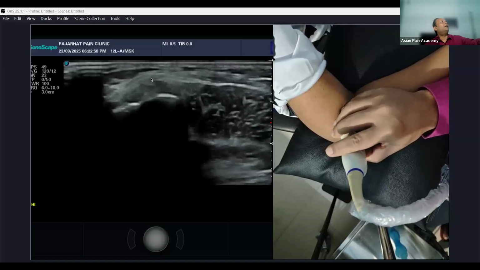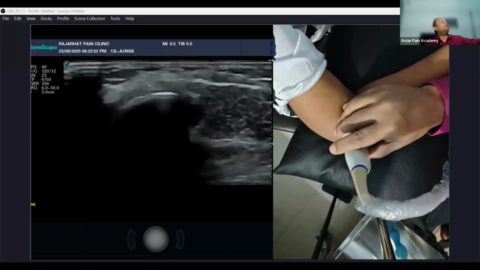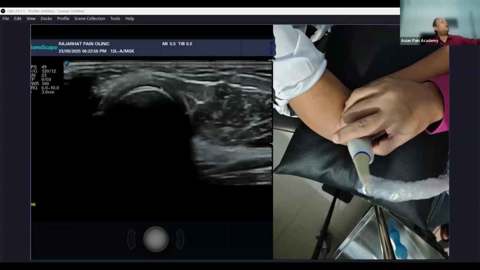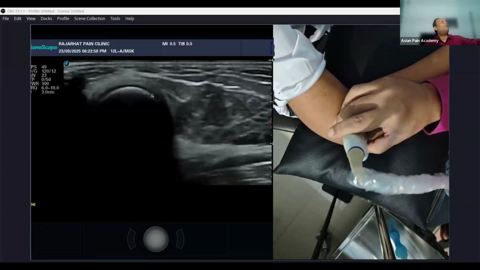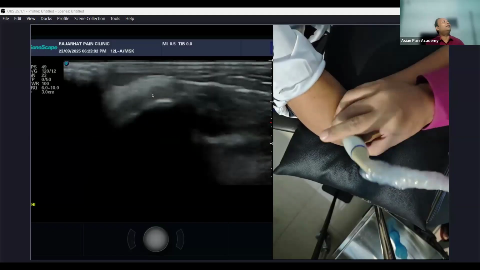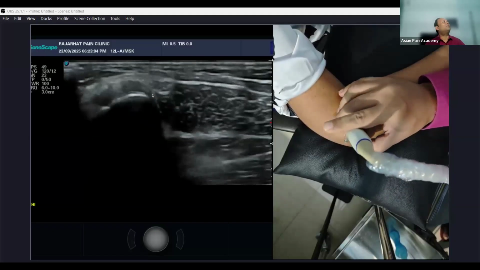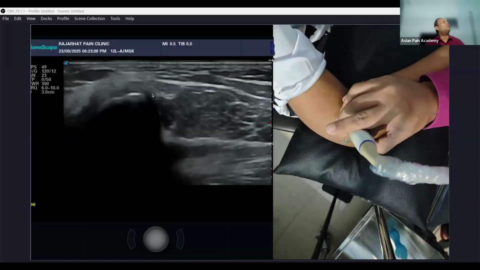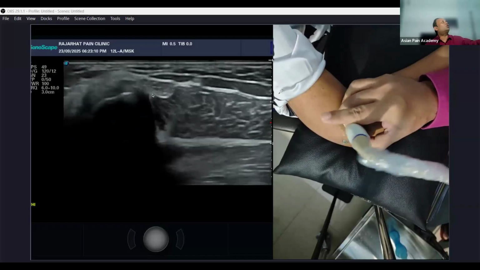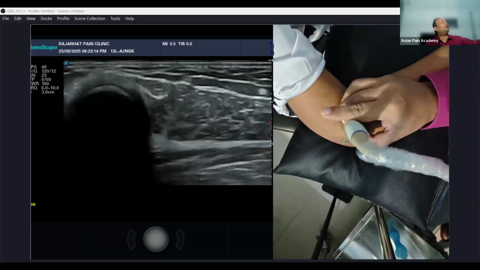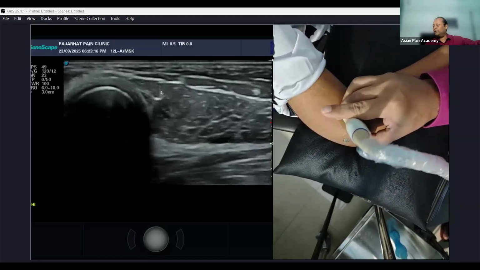Now, if I want to see the short axis form of the common extensor tendon, what are the muscles? First, let us see in this area. First you come distally from the proximal side. When you come distally, you can see one scorpion tail appearance. This is the scorpion tail appearance.